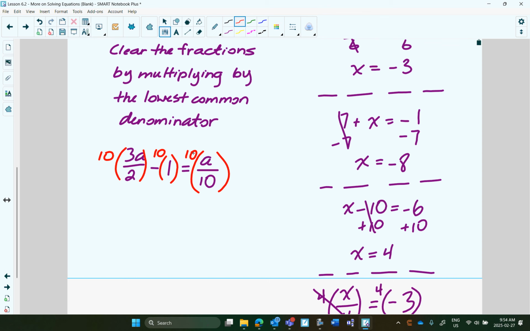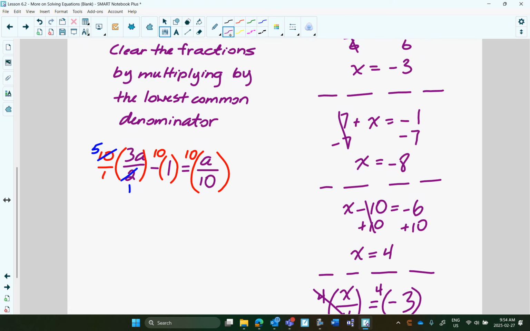Now watch what happens when we do the fractions. Well, remember, 10 is the same as 10 over 1. This is why I was showing you guys how to reduce fractions before multiplying at the beginning of the year. What can I reduce the 10 and 2 down to? 5 and 1.